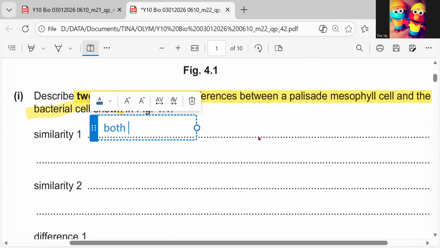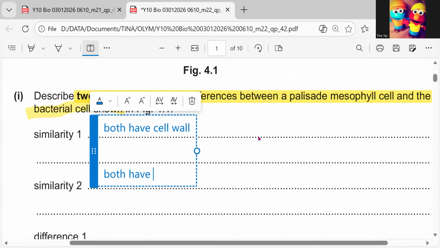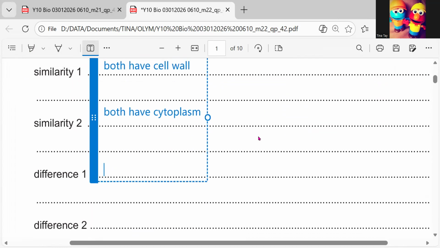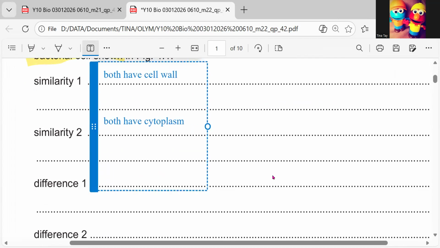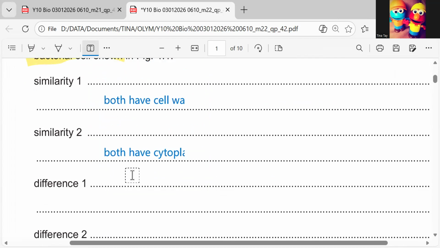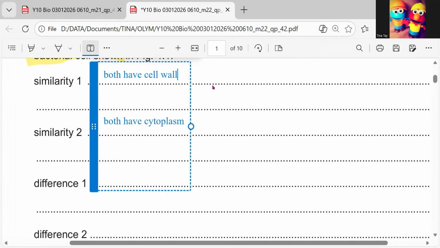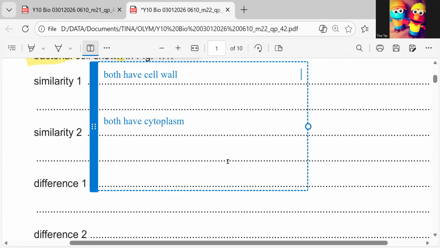So similarities: both have cell wall, both have cytoplasm. Okay. And then, what are the differences?